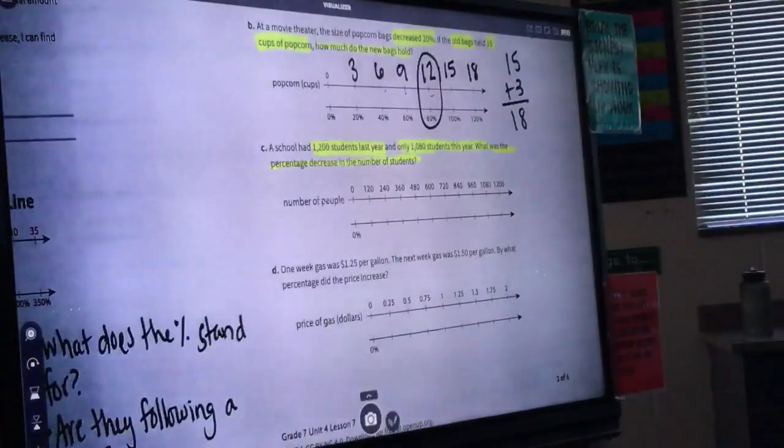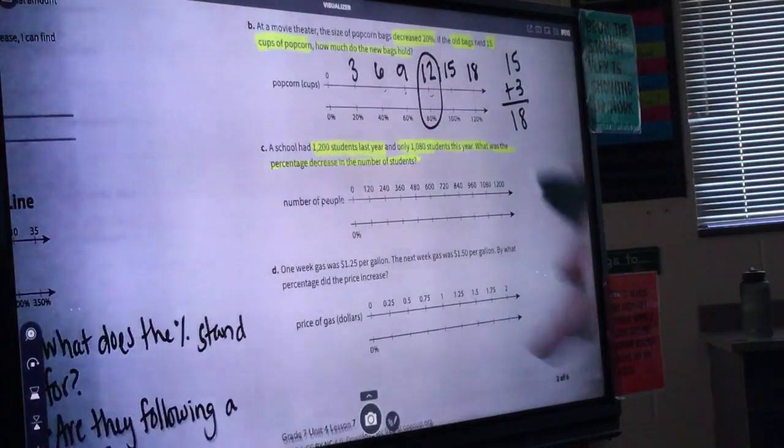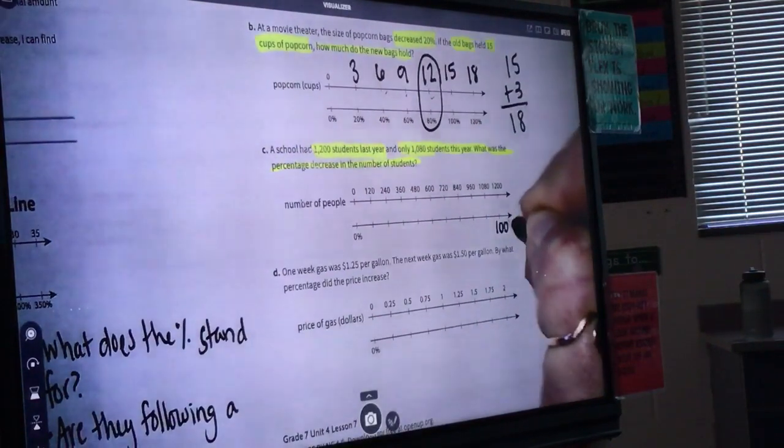So raise your hand and tell me, where does 100% go? Start with that, because I feel like 100% is always the easiest. Liam? Because under 1,200. Okay, so 1,200 is 100%.